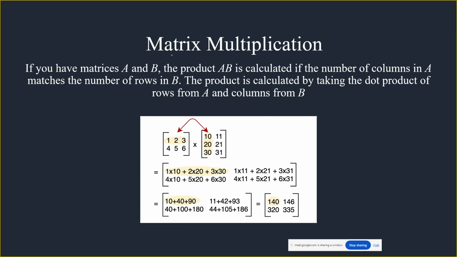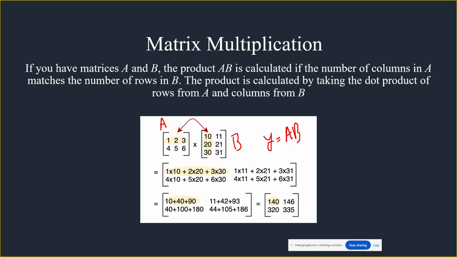Now we will see how we can multiply a matrix with another matrix. If we look at the definition, it says if you have matrices A and B, the product AB, let's assume the final product as Y, and the output will be AB.